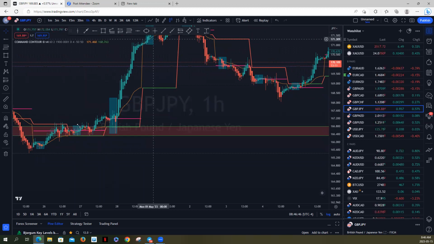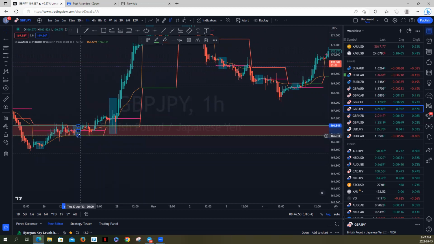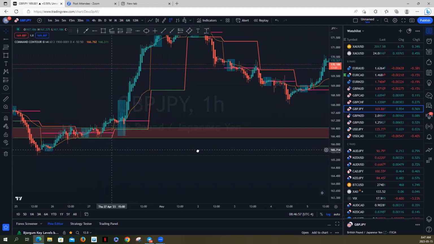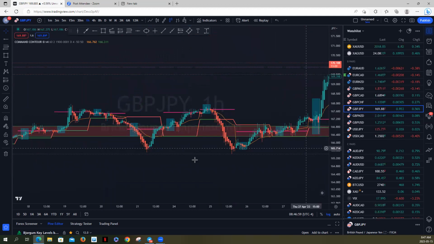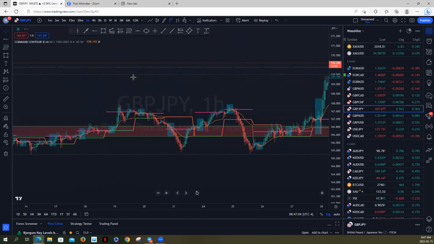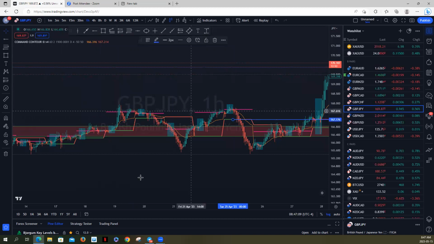The beautiful thing with the ZAP zone is that if price doesn't break below the ZAP zone and you see the command contour is green, what you can do here is, that's all we've got. We just set the command contour levels above the ZAP zone.